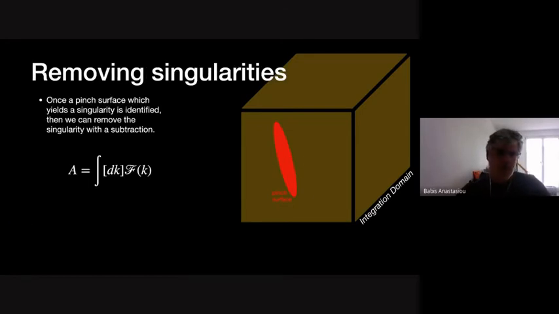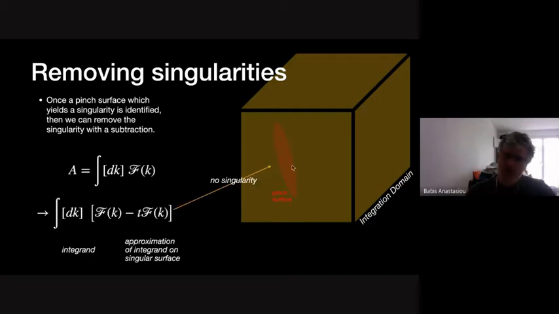Once we have identified a singular surface, we can remove it. We can remove the singularity. Suppose you have only one singular surface where the contour of integration is getting pinched and you really need to remove it. What you can do is you can make an approximation of the integrand on that singular surface and then remove it from the amplitude.